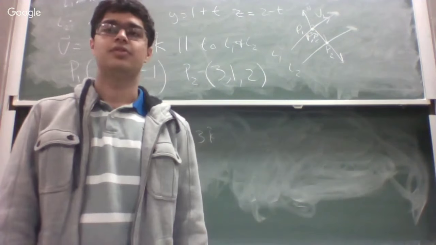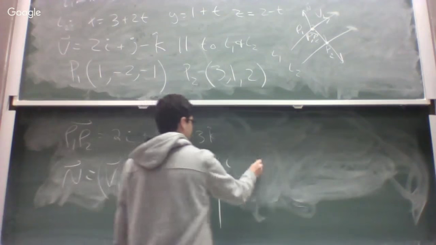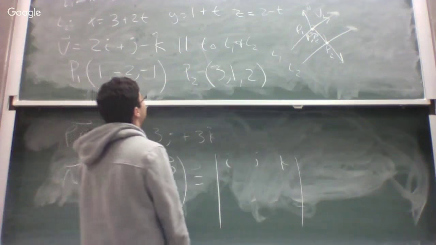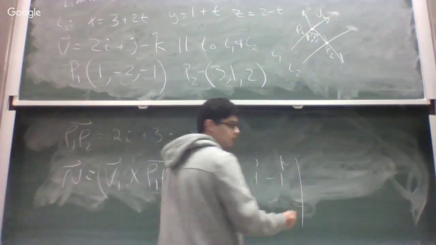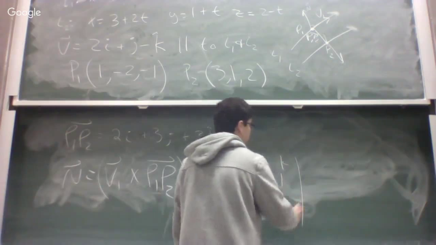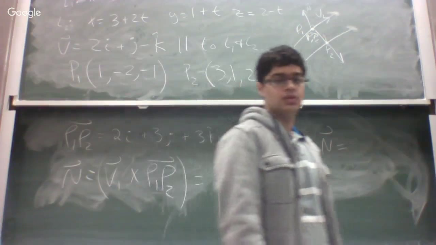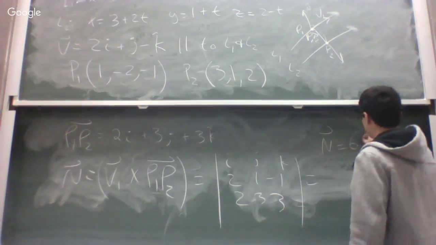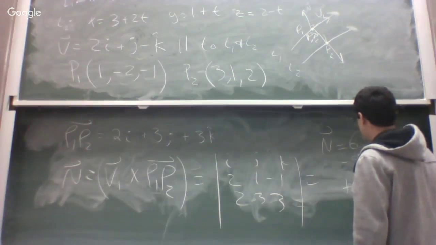I, J, K, 1, negative 2, 1, negative 1, and then 2, 3, 3. That's equal to the normal vector. Make sure you do it in your head and definitely get these answers: 6I minus 8J plus 4K.